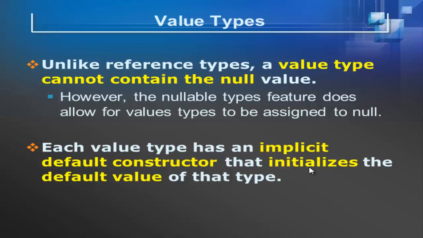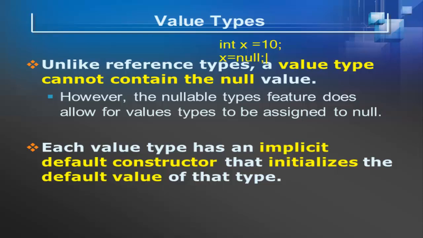The other thing about value types is that value types cannot hold a null reference. What this means is, if you create int x, you can assign a value 10 here, but you cannot assign a value null to the int.